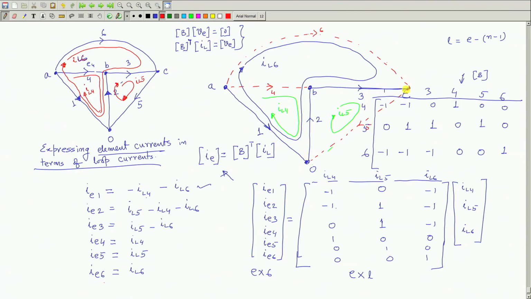Then from that we chose one tree, the firm blue line, and the dotted red lines are the links. For each link, if you put one link, then a closed circuit will be formed, and we wrote down the KVL equations in these three fundamental loops.